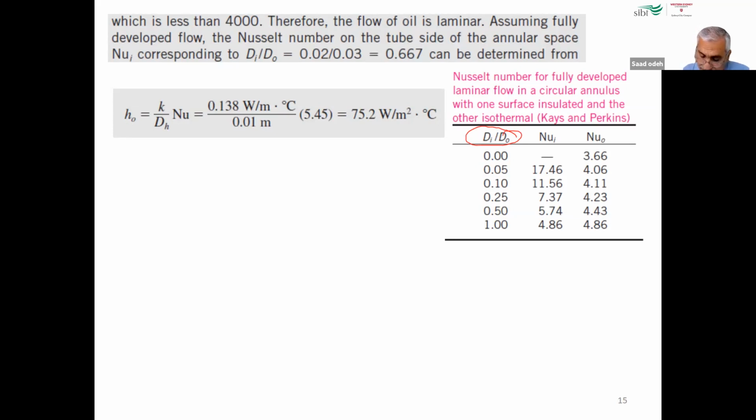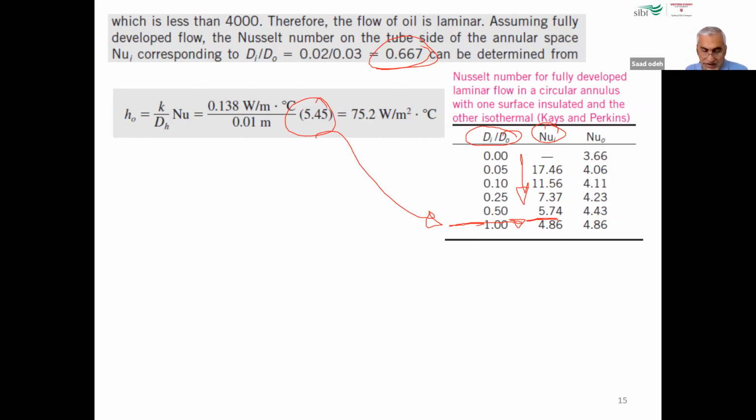So we follow this column here, and based on the ratio that we have, which is 0.667, it's somewhere in between. So the Nusselt number is between 5.74 and 4.86. If we do the interpolation here, you will find that Nusselt number will be 5.45.